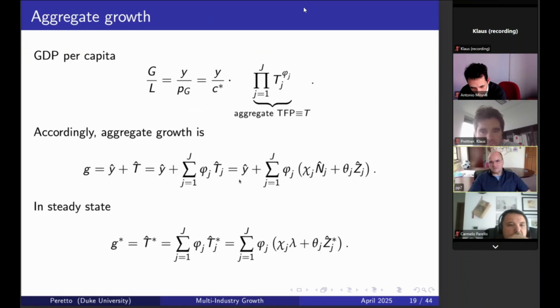And in steady state, this term becomes constant. Why do I have this term here? Because remember that I want to keep in mind that there are equilibria where at least one industry is not in free entry, the free entry condition does not hold, and that in that equilibrium, expenditure per capita is not constant, but it needs to be computed from the equations of the model.